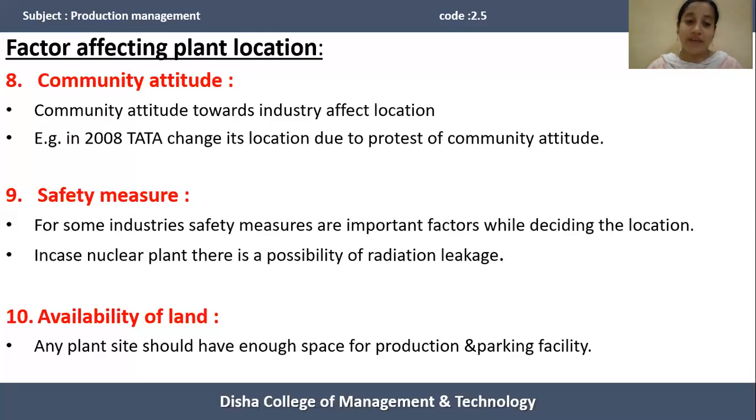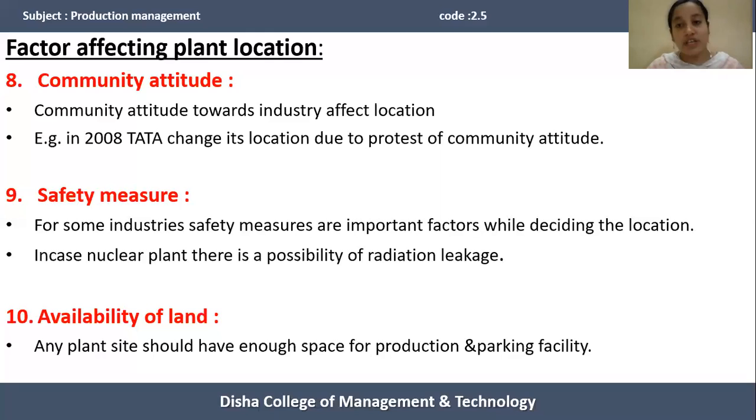So availability of land is also a major factor. If they have sufficient land, enough space for production and parking facilities, then only they should decide to install their plant in that particular area.